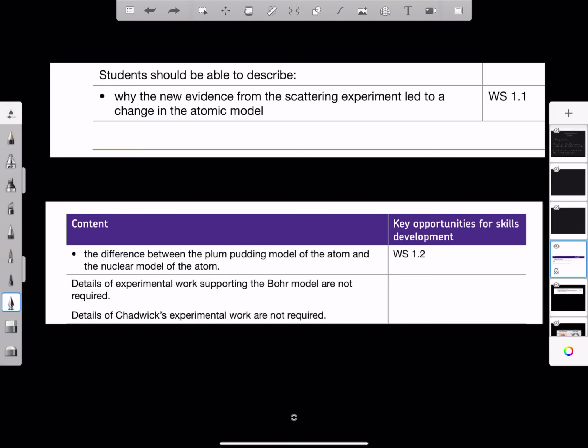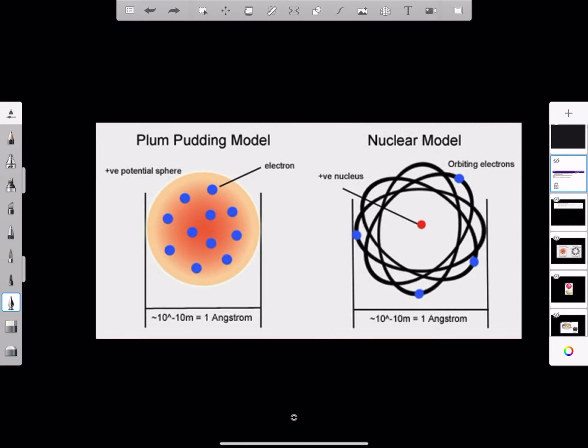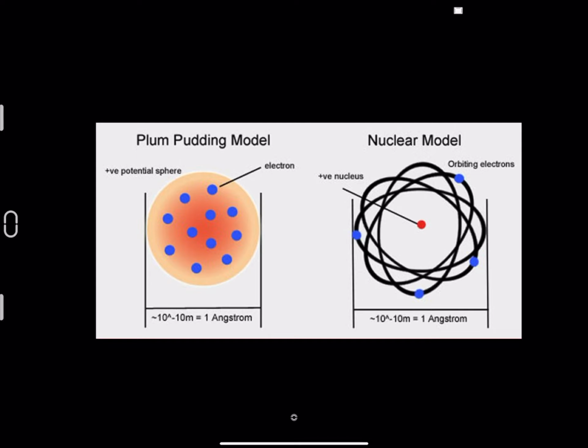Now, I've mentioned briefly something regarding a plum pudding model and a nuclear model. If we now look at these two models directly, we can see there is a significant structural difference between the plum pudding model and the nuclear model.